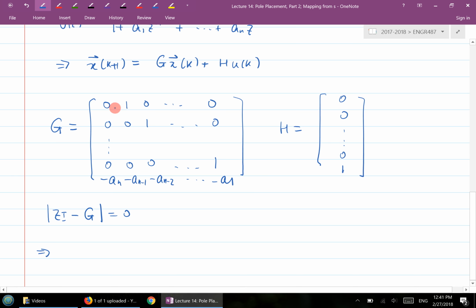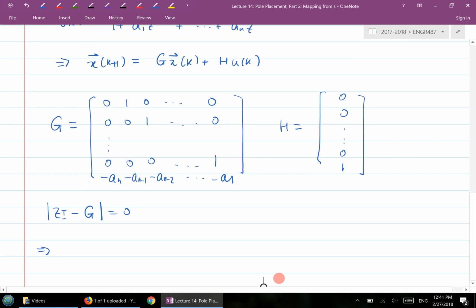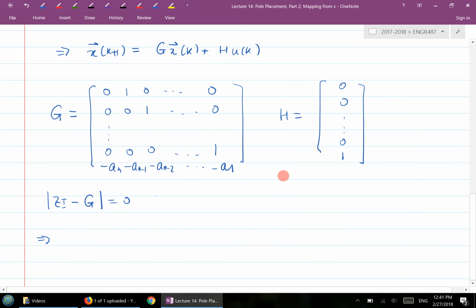Because of the unique feature of this determinant, there are a lot of zero terms here, okay? So when you calculate the determinant, it turns out to simply be z to the power of n plus a1 z to the power n minus 1, and so on, plus a(n-1) z plus an, equal to 0.